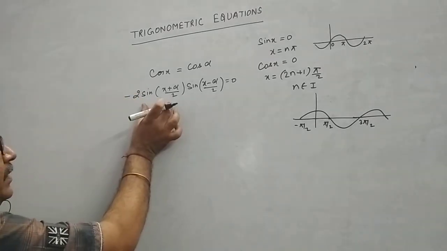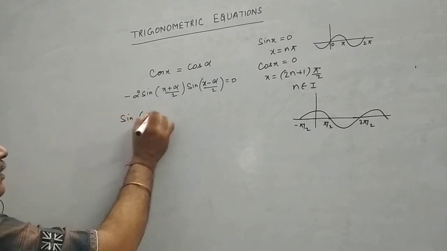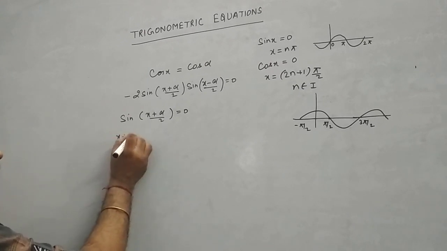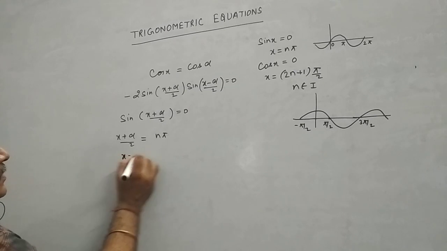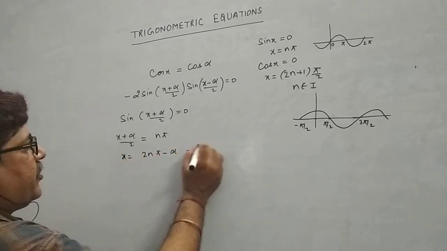Now again either this is 0 or this is 0. Putting sin (x plus alpha) by 2 is equal to 0, we get (x plus alpha) by 2 is equal to n pi, x is equal to 2n pi minus alpha, first equation.